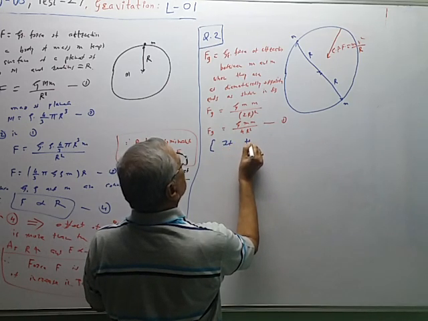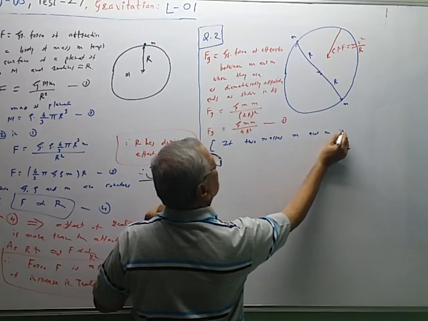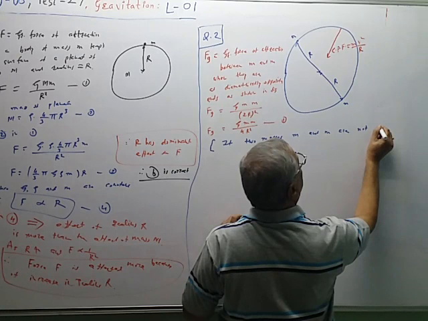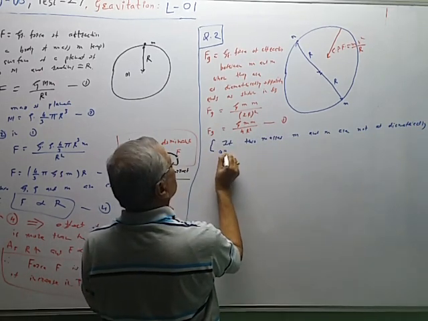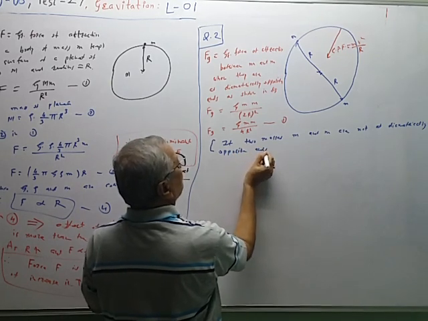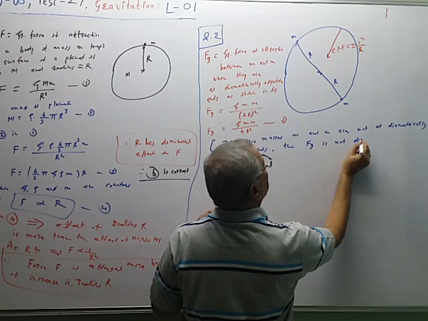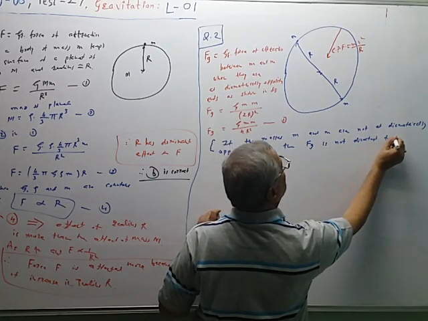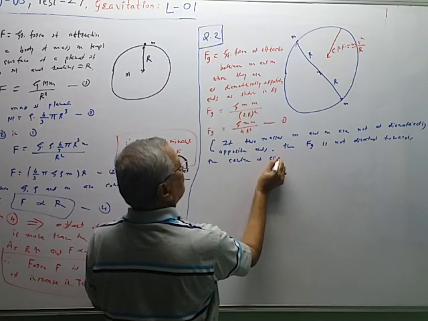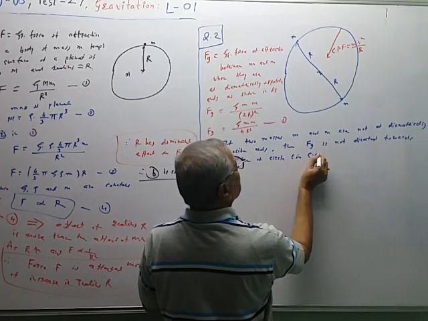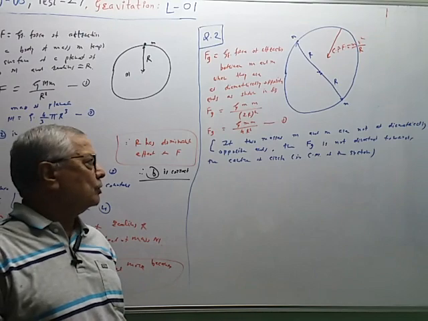If two masses m and m are not at diametrically opposite ends, then FG is not directed toward the center of the circle, that is the center of mass of the system.